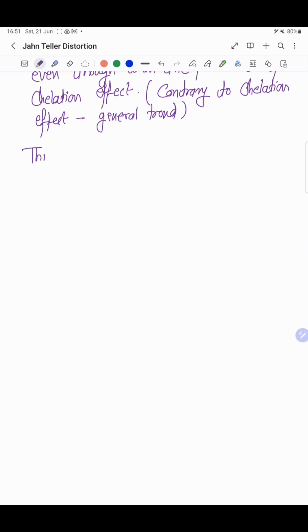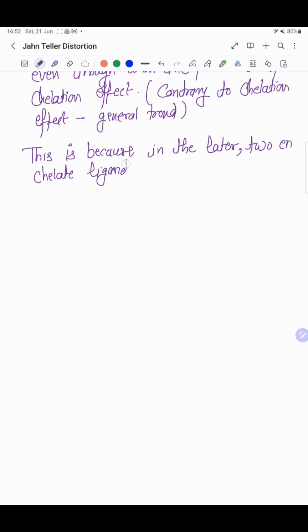If we consider simply the chelation effect, the second one should be more stable, but the first one is more stable. Why? Jahn-Teller distortion will explain this effect.